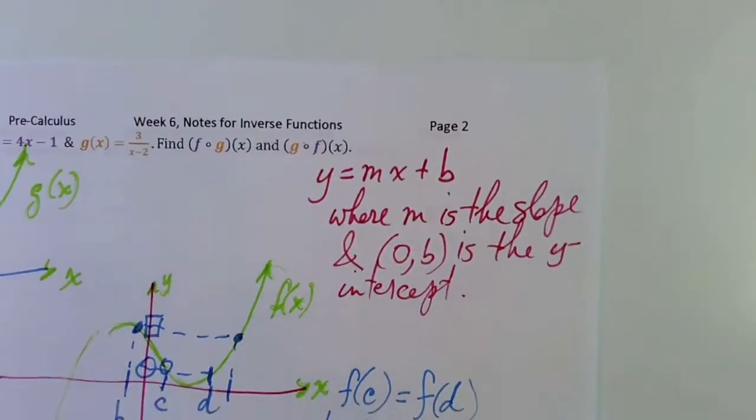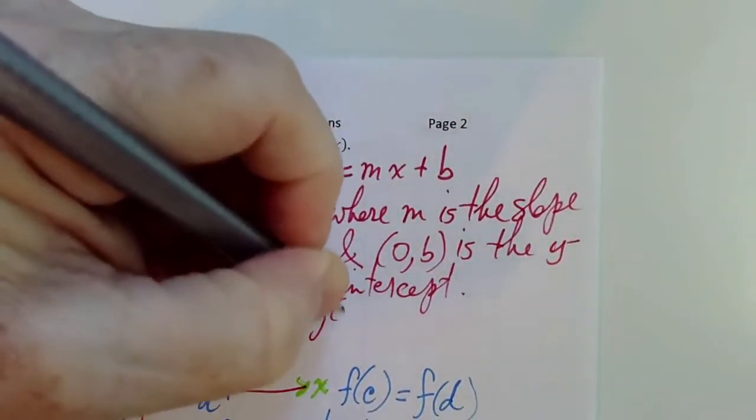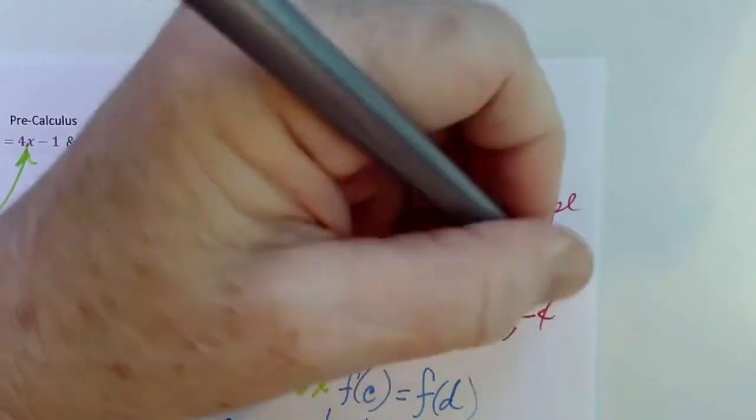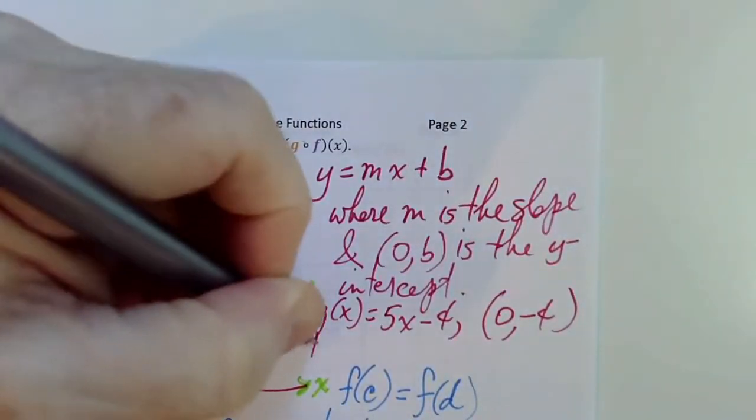That means for our line, where we have g of x equals 5x minus 4, we have 0 comma negative 4 as the y-intercept.